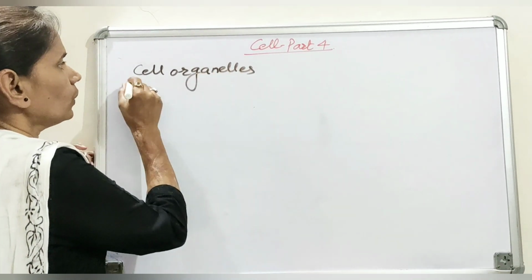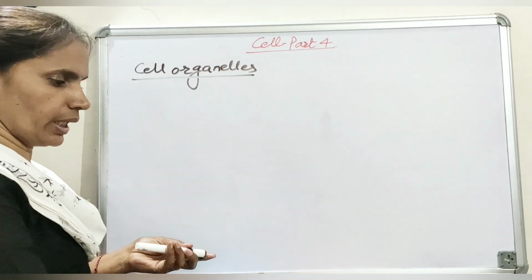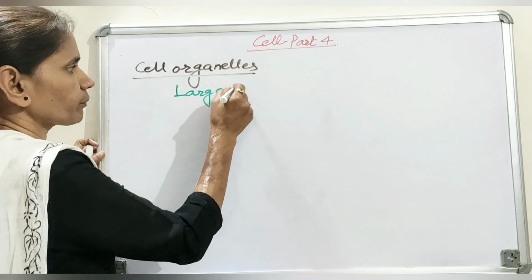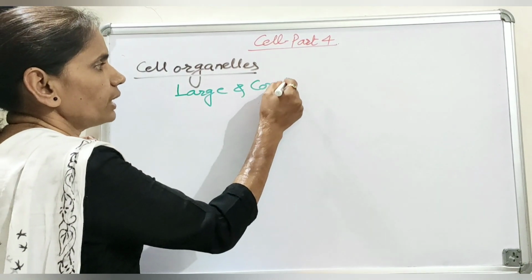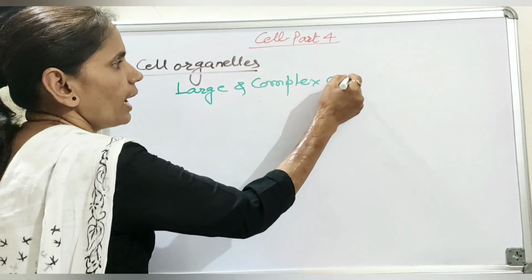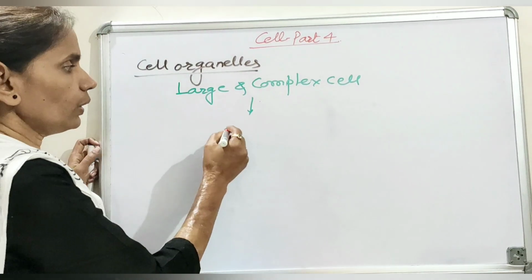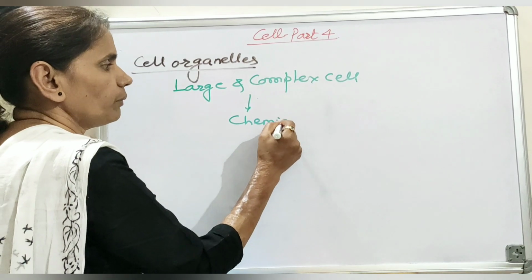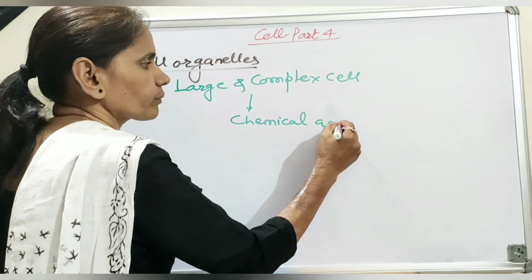Now in case of the multicellular organism, the cells are large and complex. Now these large and complex cells have to perform a variety of chemical activities or the chemical functions.